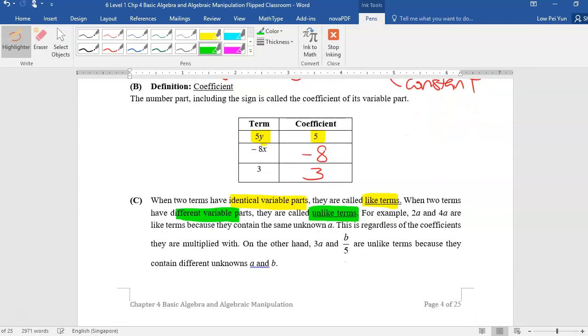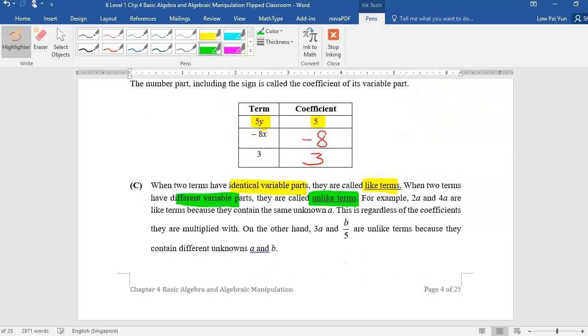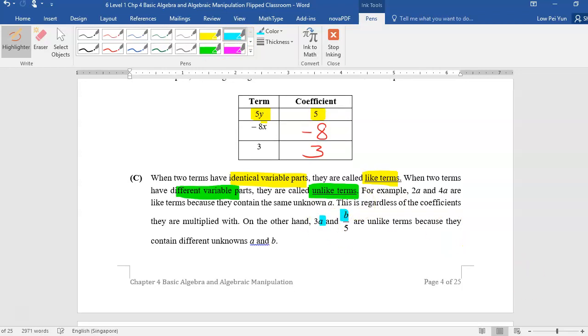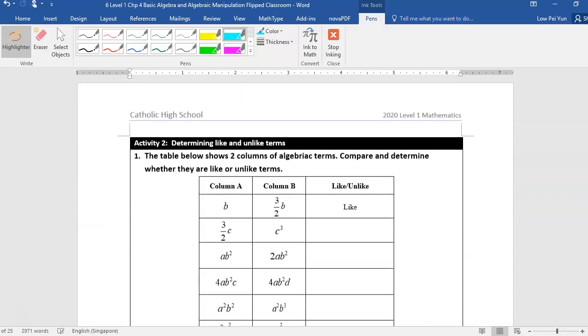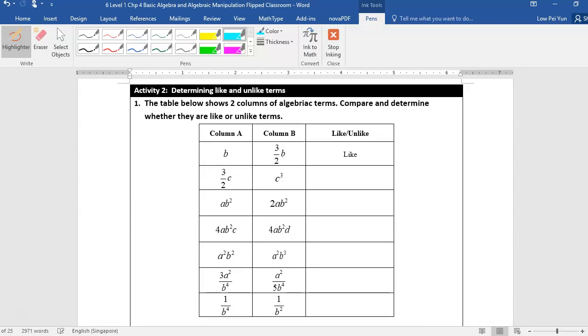And then, we have a and b being unlike terms because they don't have any identical variable parts. Okay, so now, what shall we do to the like and unlike terms? Oh, but first let us look at this activity 2. Perhaps you can try this on your own before you listen to me. You can pause this video, and once you have tried this, you can continue the video to review the answer.